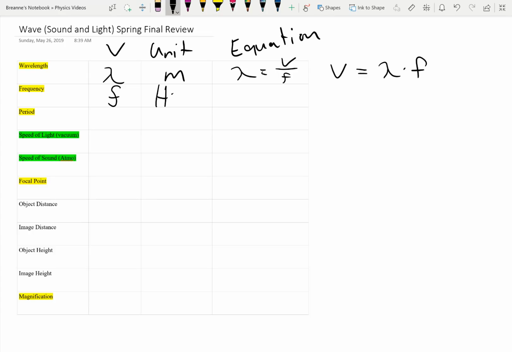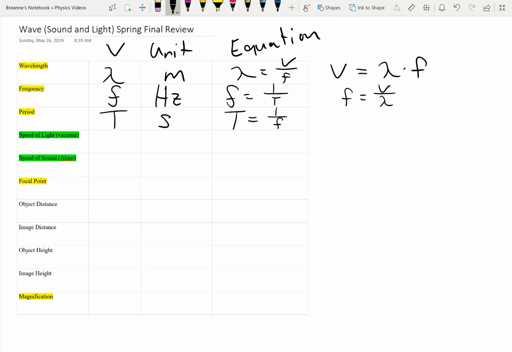It's measured in hertz, and you can manipulate the equation above again to get frequency equals velocity divided by wavelength, or frequency equals 1 over your period. Period is represented with a capital T. It's measured in seconds, and period would just be 1 over your frequency.